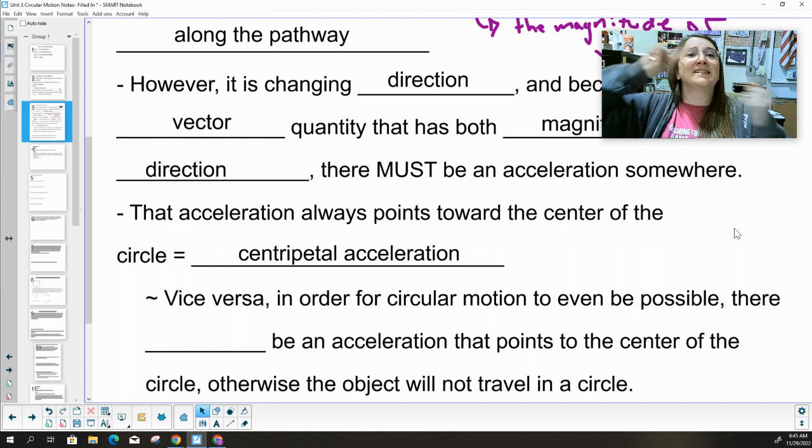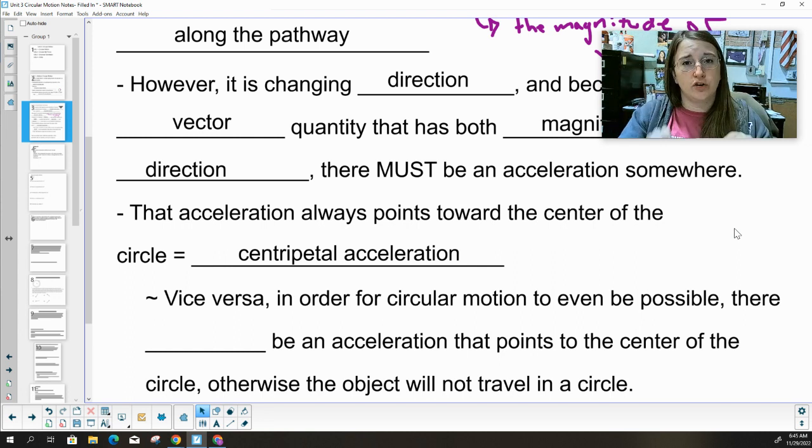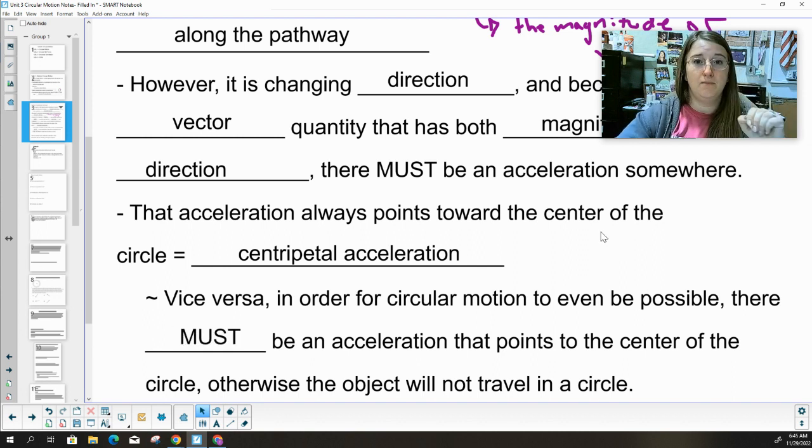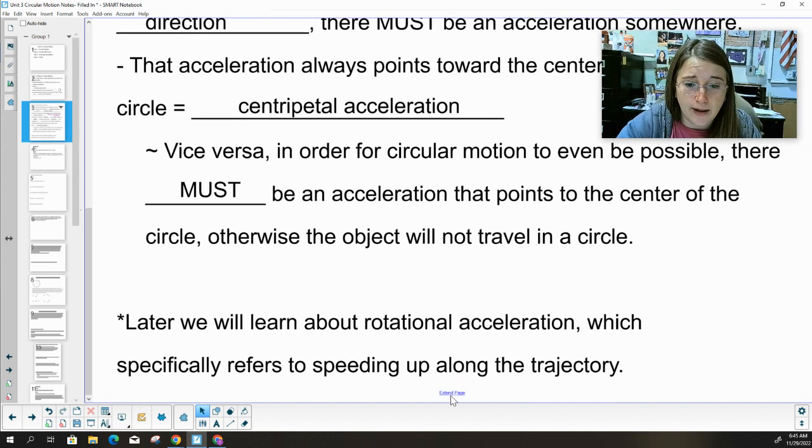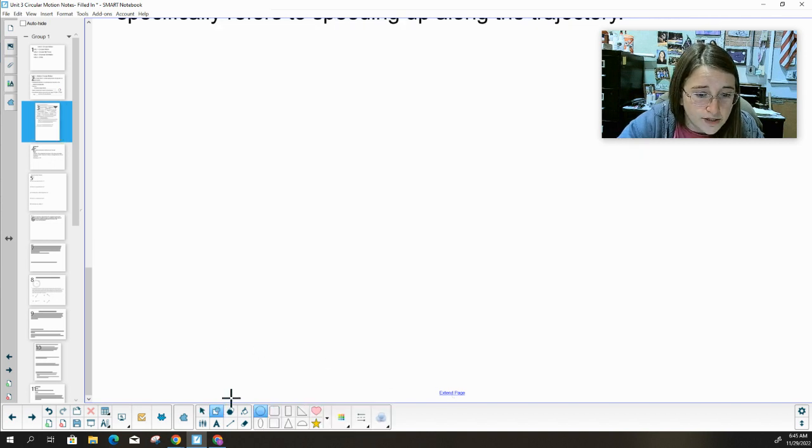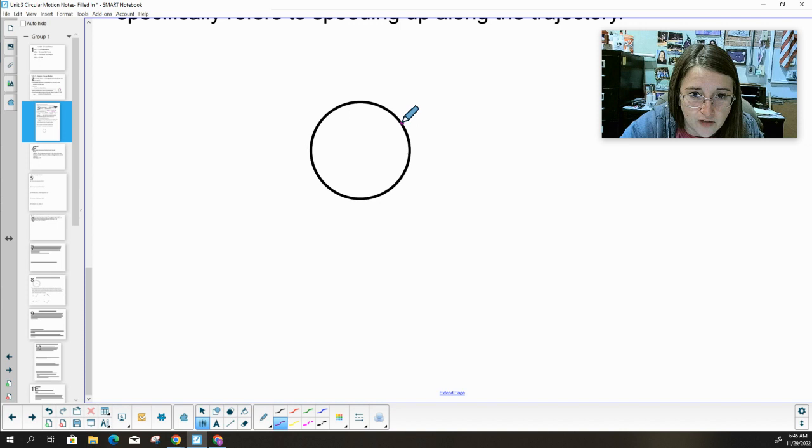So to make this clear, in order for circular motion to even occur, in order to travel in a circle, there must be an acceleration that points to the center of the circle. Otherwise, the object will not travel in a circle. Again, we talked about in the simulation lab, if I'm looking at this point on the circle, there was an example of I'm trying to go in a circle, but I veer off path.